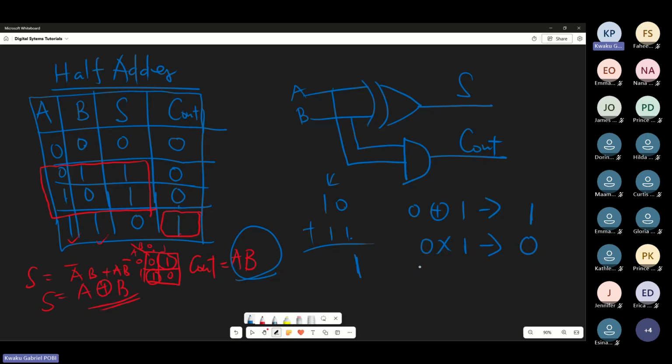But then if you move on to the next stage, which is 1 and then 1, the sum says XOR the 2 together. 1 XOR 1 becomes a 0. And then the carry out will be 1 times 1, which is a 1. So the sum will be a 0 there, and then we'll carry a 1, which will come here, making 1, 0, 1. I think this makes sense.